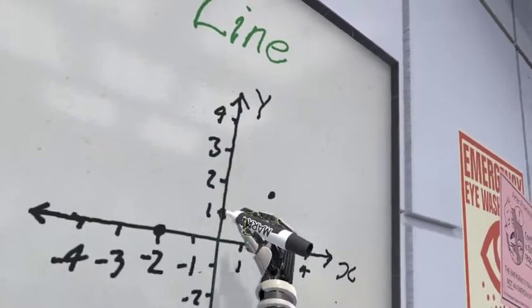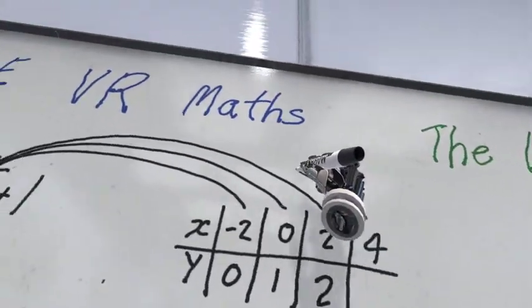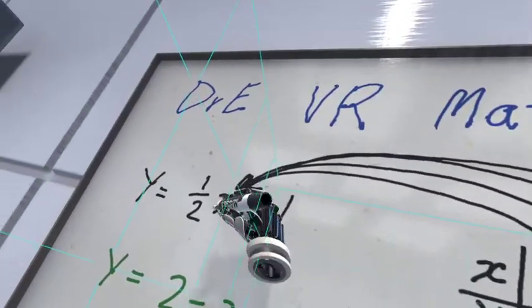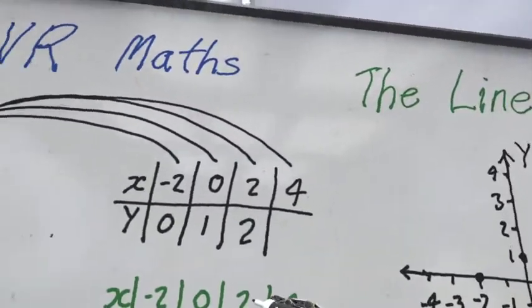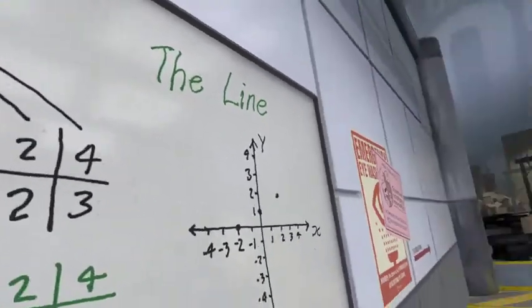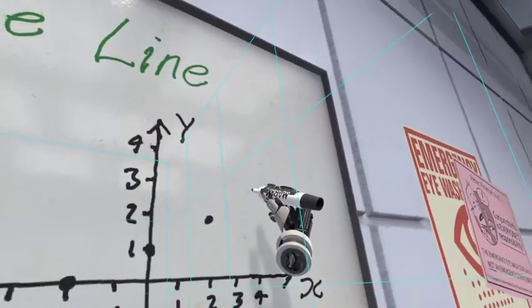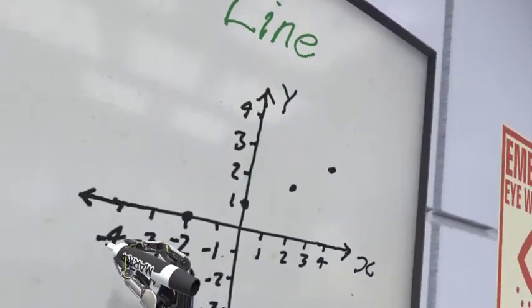And you can see the way this line is going to go. Put in 4. Half of 4 plus 1, or half of 4 is 2. 2 plus 1 is 3. So there's 4, there's 3, put that dot about there, and there we go. There's our straight line.